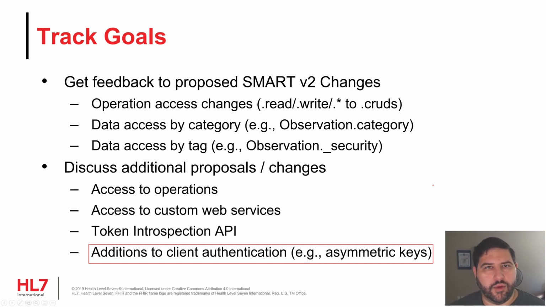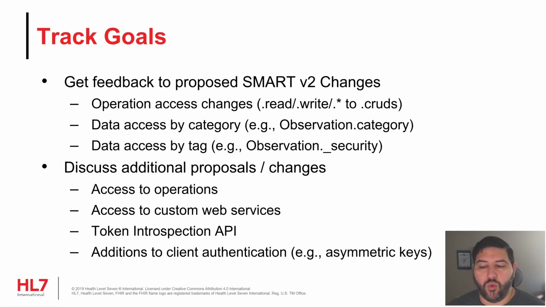In particular, right now, all of the operations are based off of symmetric keys, which is great, but does require a shared secret. And so we've been looking at if there's a way to add asymmetric keys in a nice standard way so that that's available for use in Smart as well.